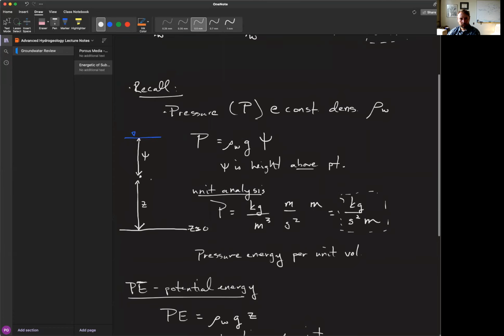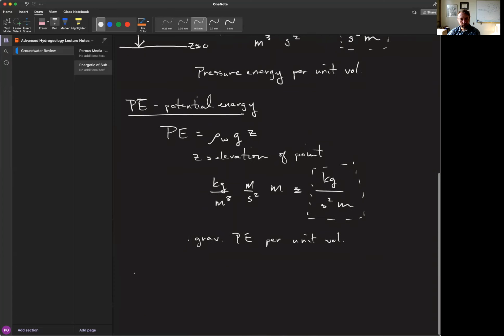All right, let's think about some other forms of energy here that this fluid packet at this point here could have. And one is that it could be moving. So we might have kinetic energy.